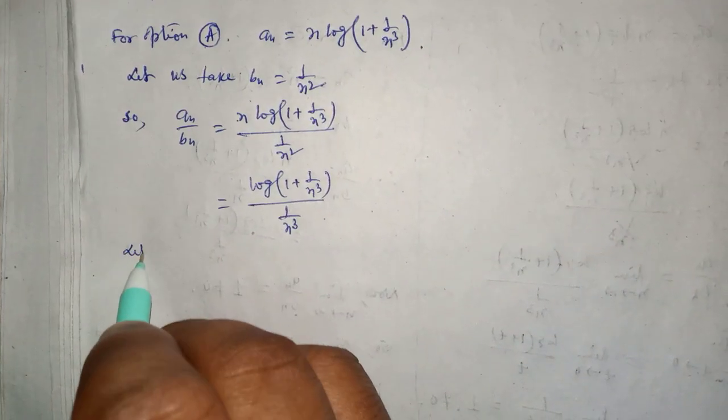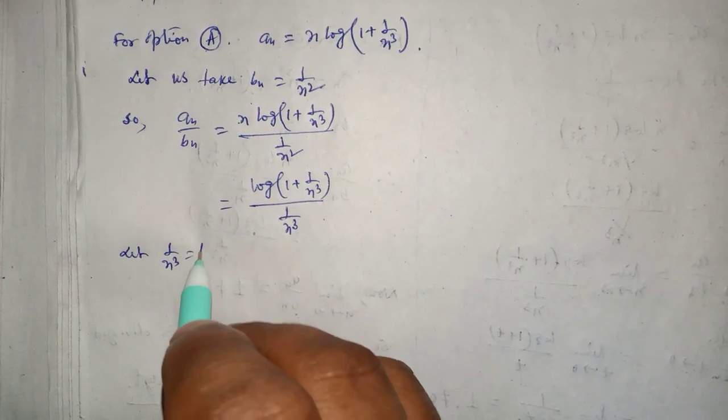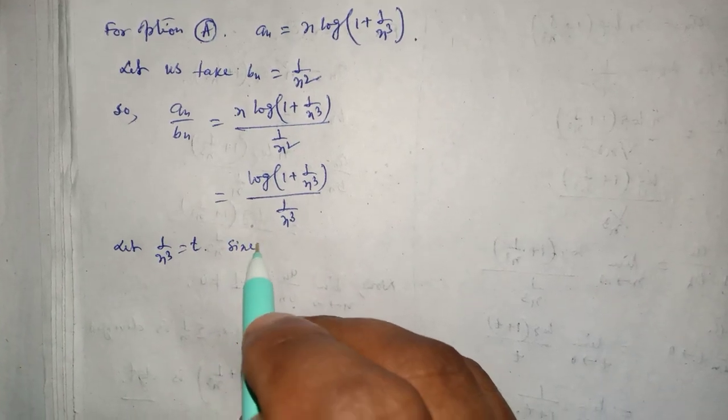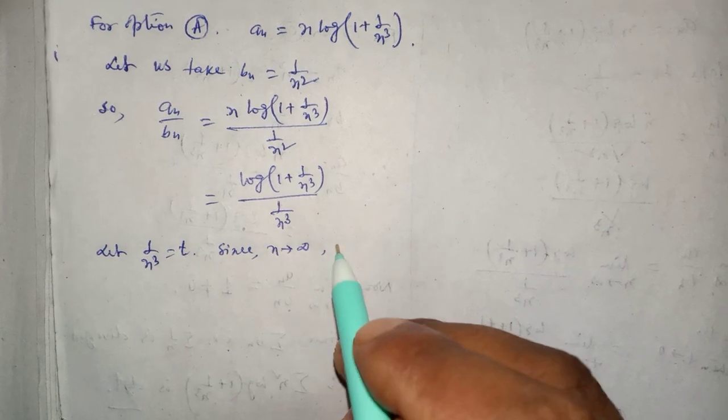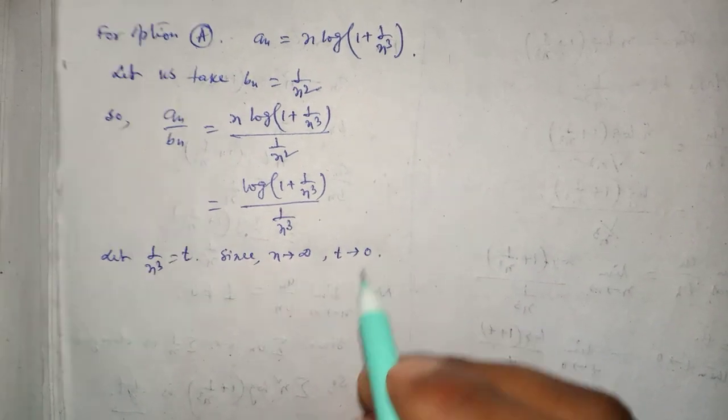So let 1 by n cube is equal to t. Since n goes to infinity, then t goes to 0.